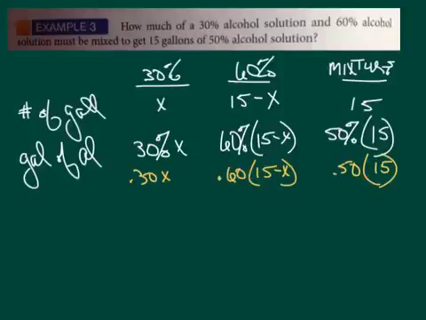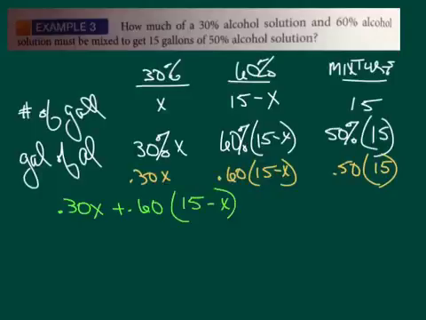So let's do this in green here. 0.30x. These are probably the hardest ones. All this is going to give us is the alcohol content. It's not going to give us anything else, because we really don't care about anything else.